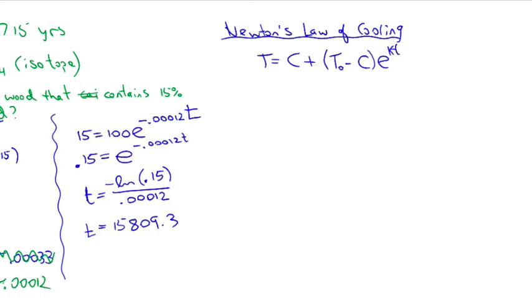Newton's law of cooling. Let me describe the pieces, if I can remember them. There's T, there's a C. T0 is your initial temperature. Oh, no, wait. T0 is your room temperature.